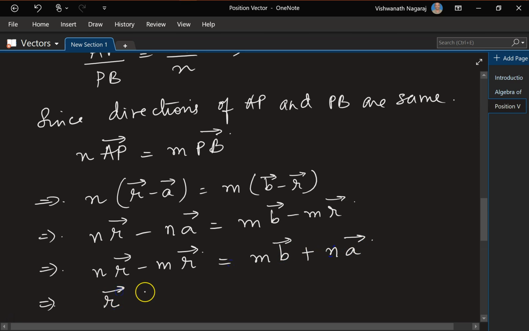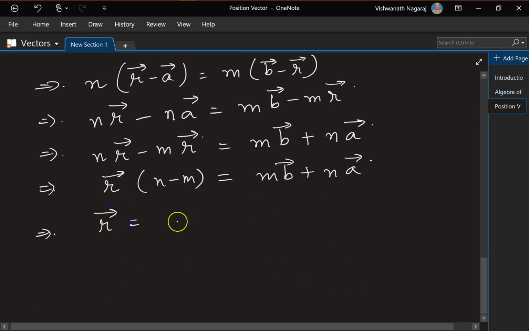Now let's take R common. When we bring mR to this side, it becomes plus, and this will be plus.